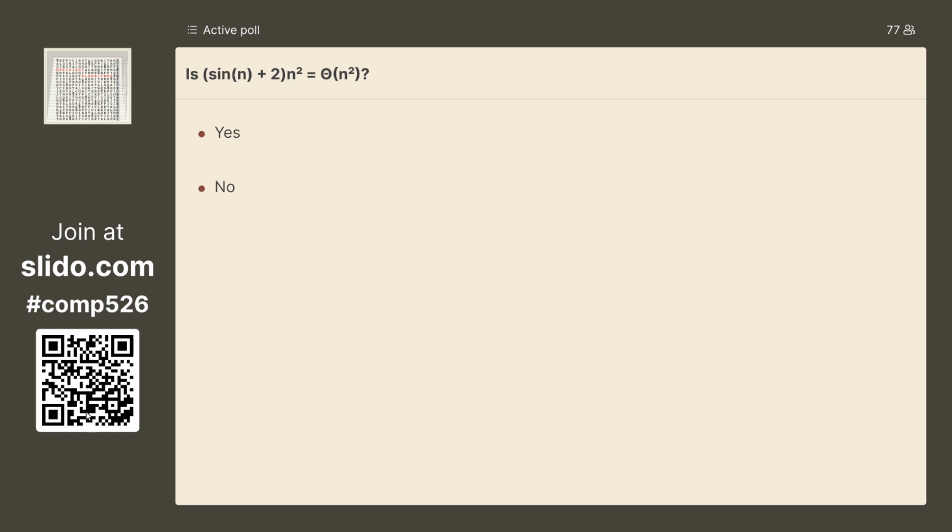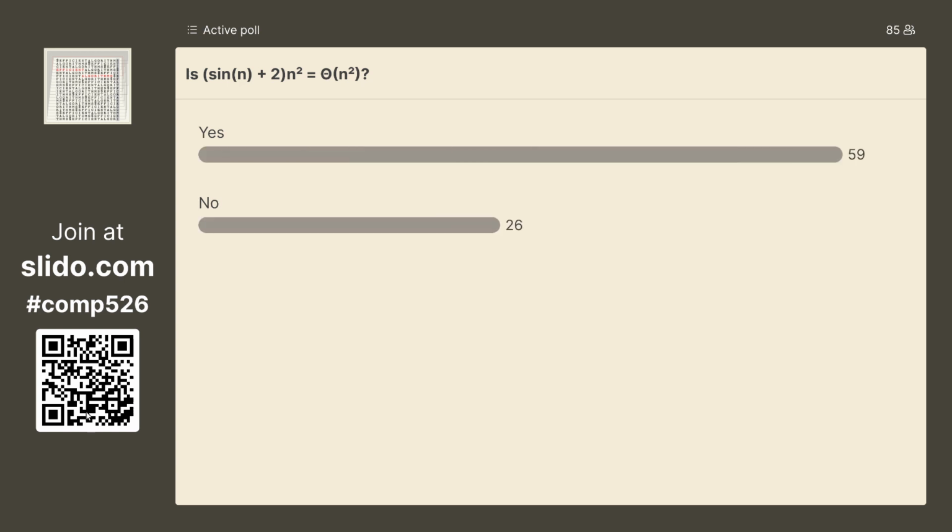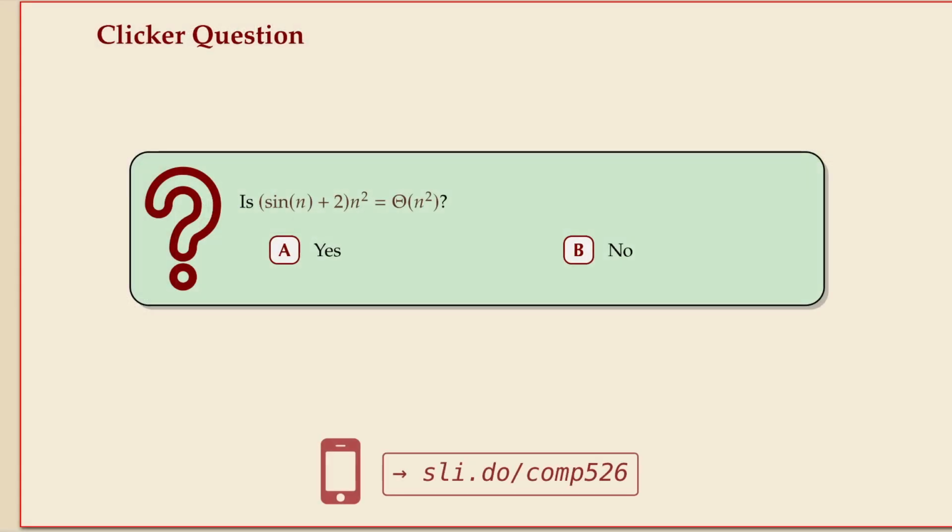I'll wait till 80 people have voted. All right, so there you go. In past cohorts, it was almost equal, but this time you've done pretty well. But quite a few people also said no.